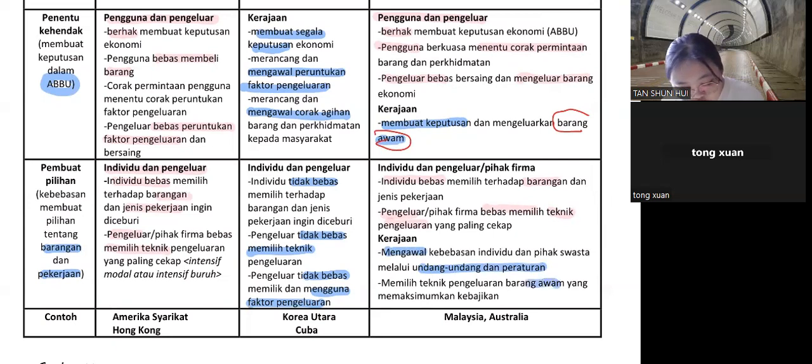Of course, they also choose technique for barang awam. Okay, so you've got to memorize a little bit. Like America, Hong Kong, they are pasaran bebas. Korea Utara, Cuba, they are perancangan pusat. Okay, Malaysia, Australia, they are campuran.